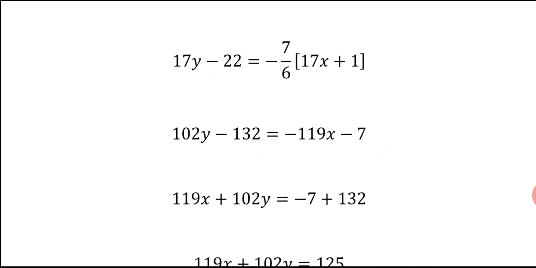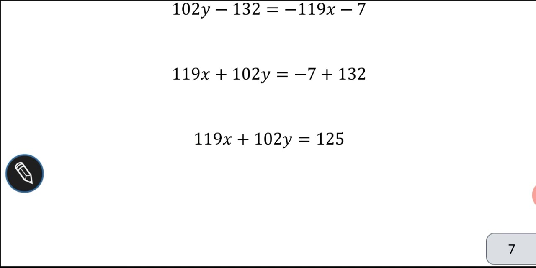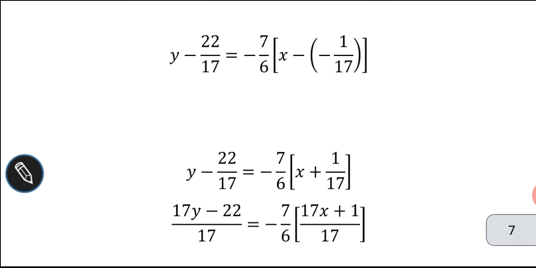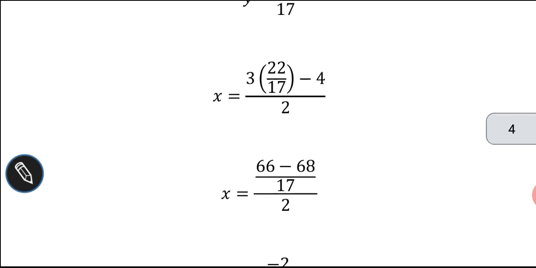So the next equation is 119x plus 102y equal to 125. This is the required equation of the path, the equation of the perpendicular.